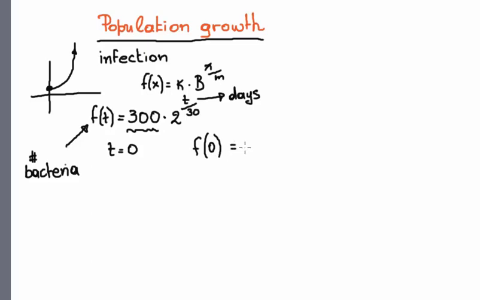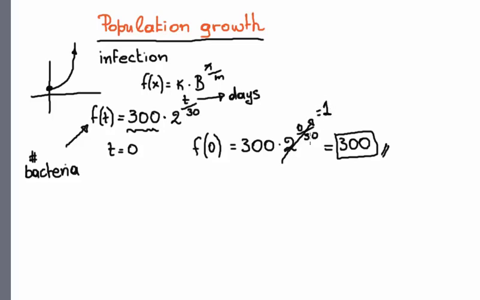And f of 0 in this case will be 300 times 2 to the 0 over 30. Now, the exponent of 2 is 0, so 2 to the 0 is 1. This means that the initial number of bacteria in the organism is 300, since this number right here is equal to 1 at the beginning of time when t is 0.